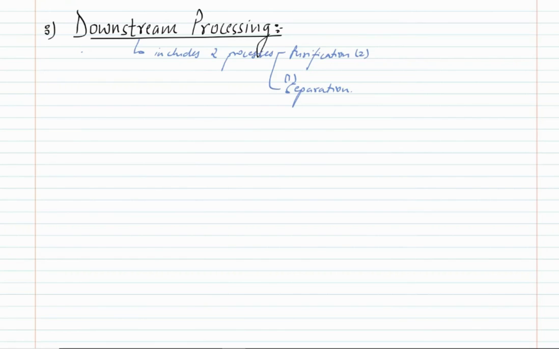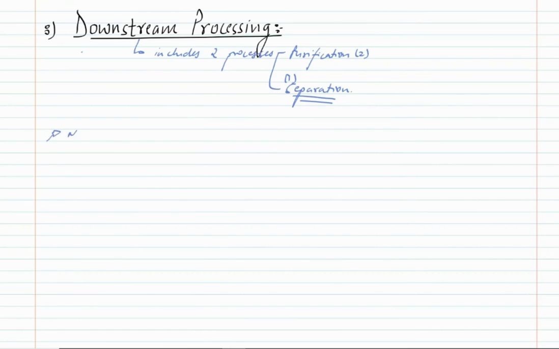After the completion of the biosynthetic stage, that is, after the formation of our required product, it has to be subjected through a series of processes before it can be sold in the market or called a complete product. So why do we need to separate the product? Because when we are using recombinant DNA technology, it is not always possible to obtain a single product.